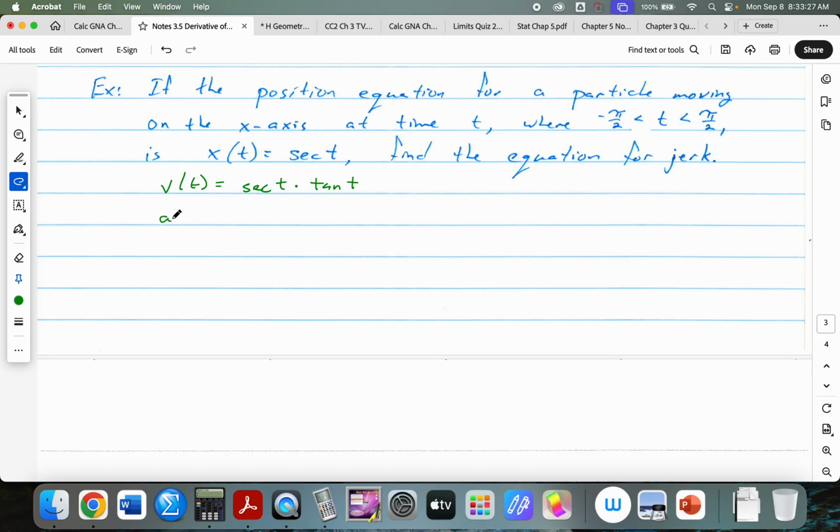The acceleration will be the derivative of secant tangent. So we'll take the first factor, secant of t, times the derivative of tangent, which is secant squared of t, plus tangent of t times the derivative of secant of t, which is secant t tangent t.